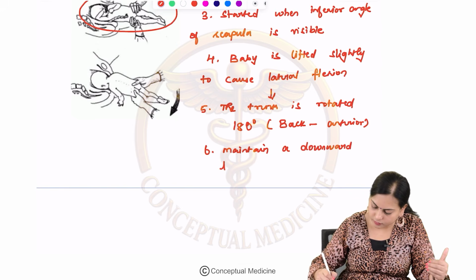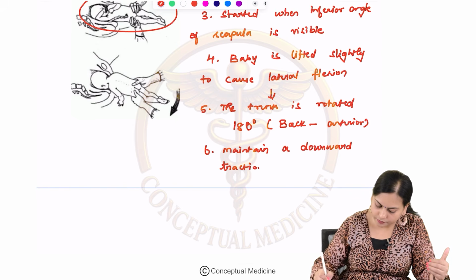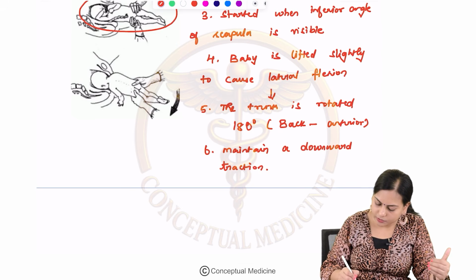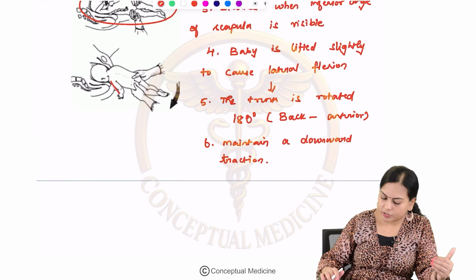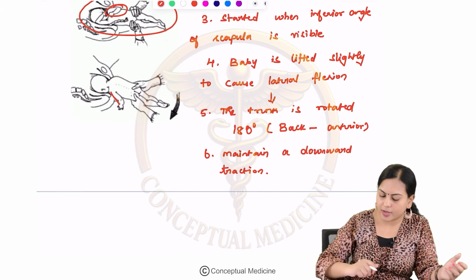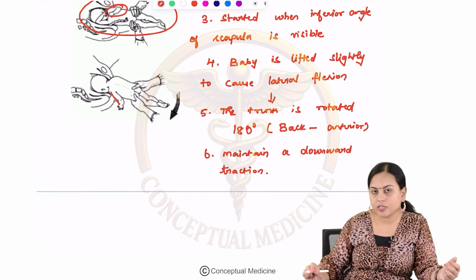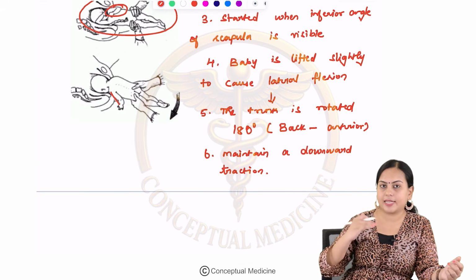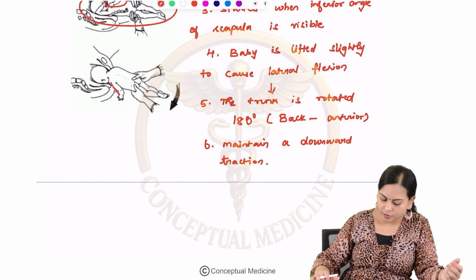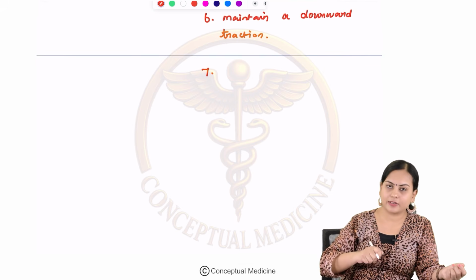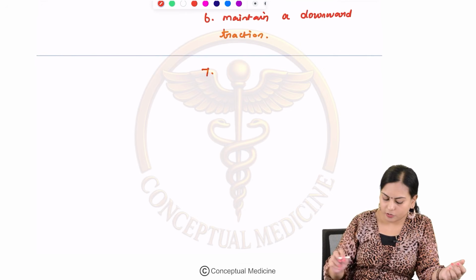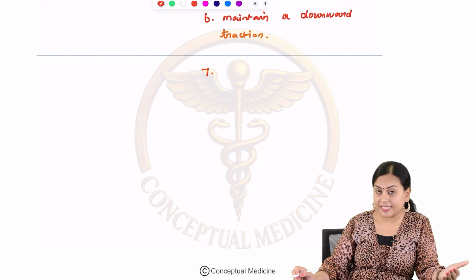Maintain a downward traction, and then we'll be trying to bring the posterior arm under the pubic arch. So this is the posterior arm. As we have rotated, the posterior arm now has come anteriorly and it is under the pubic arch. Then we'll be rotating the trunk again and we'll be trying to bring the back anteriorly.